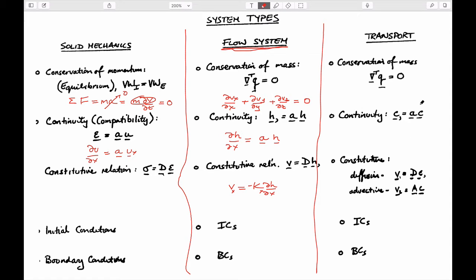Continuity is that concentrations should be continuous, which would be our dependent variable, and we'd satisfy two constitutive equations. One is Fick's law. This is a diffusion coefficient. The other is an advective term. What's different between transport and flow systems is you have an advective term, and then again we solve for these other two conditions.